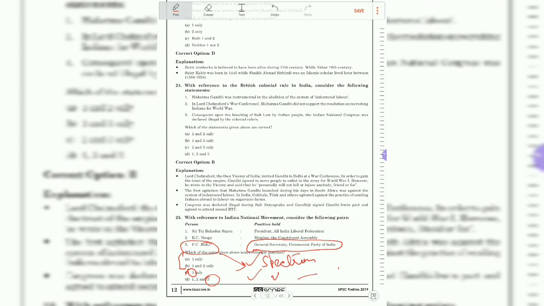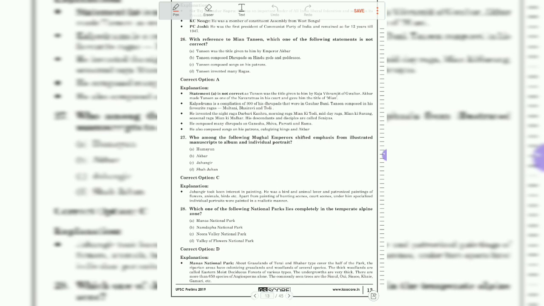Based on that, you could have eliminated it. From history you know this, and if you read the Constituent Assembly from polity, there also you can eliminate this, so you can easily reach 1, 2, 3, right?